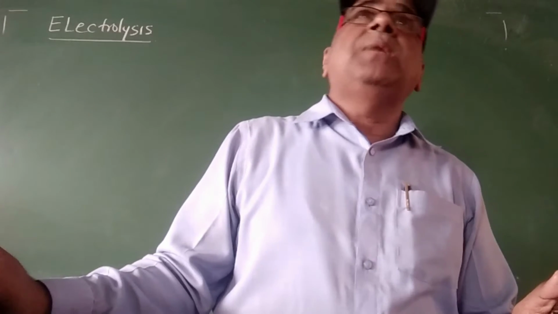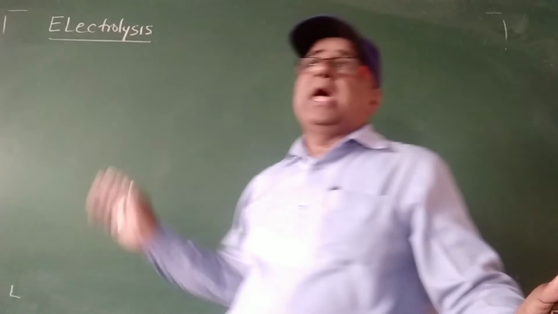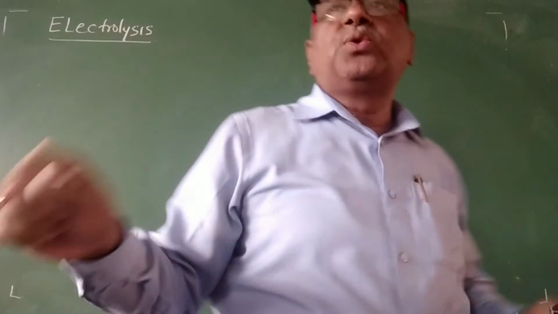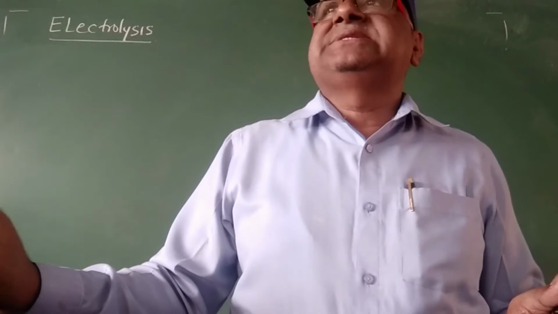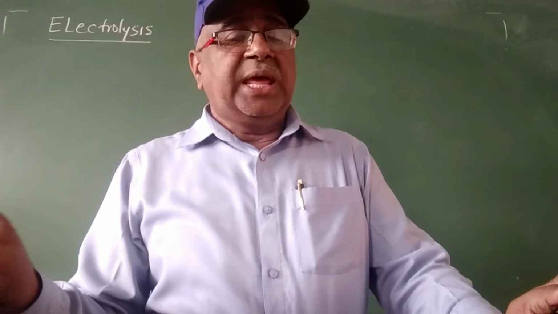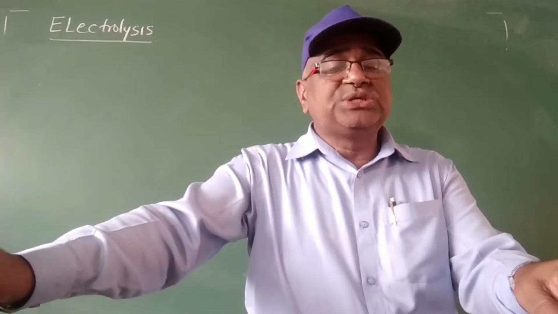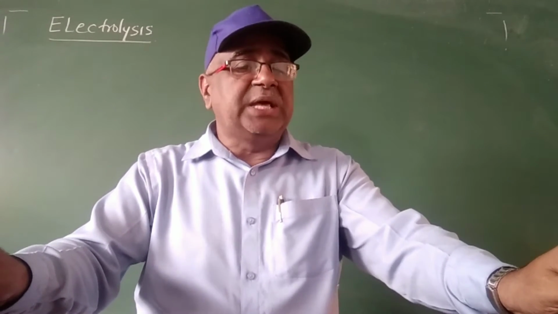So now I am going to explain the term electrolysis, and how electrolysis is performed. What is the requirement for electrolysis? To perform electrolysis, we require some apparatus, or we can say a vessel, and the apparatus used in electrolysis is termed as voltameter.